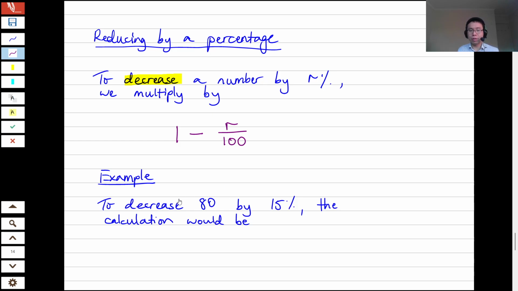So, for example, suppose we started with the number 80 and we wanted to decrease it by 15%. The calculation that we would do would be 80 times a bracket 1 minus 15 divided by 100. And that's the same as 80 times 0.85.